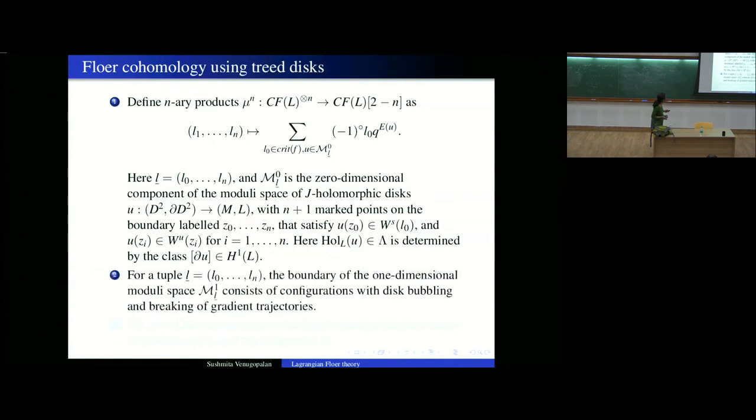So what next? Right. By counting these kinds of configurations, I define those products. And again, the next thing to do is what happens in the codimension 1 strata.